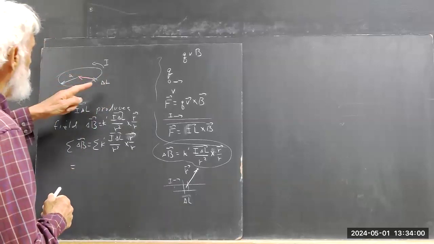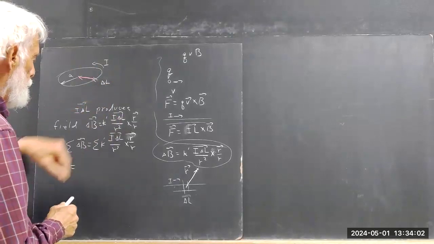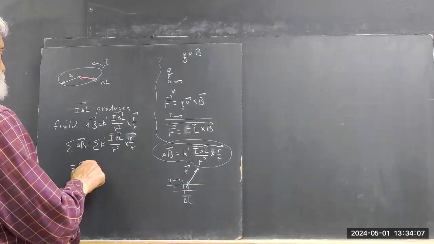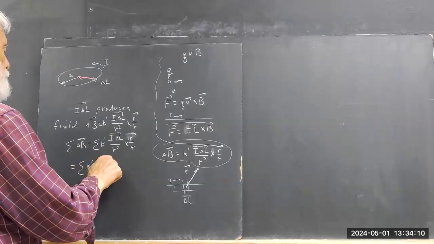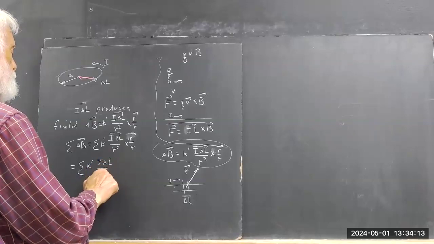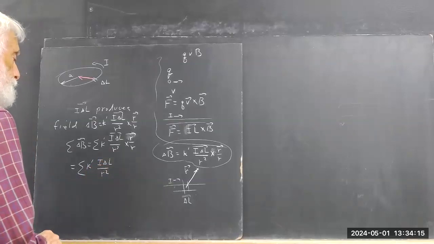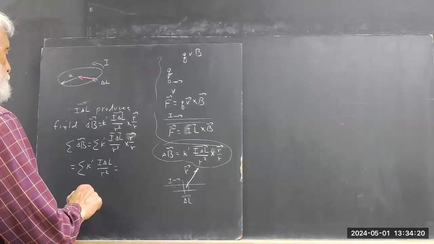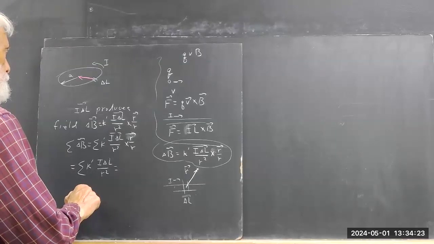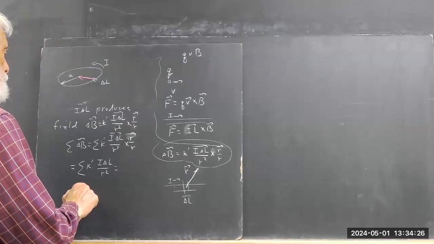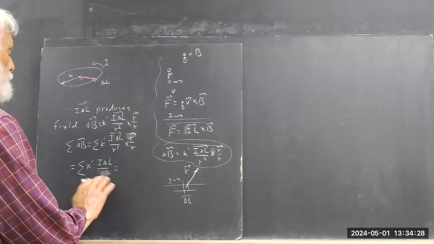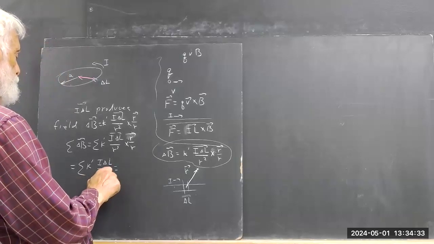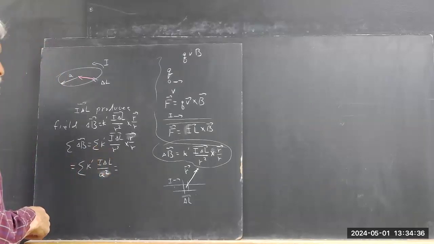Wherever you are, your I delta L is perpendicular to R. So what you end up with is a sum of K prime I delta L over R squared, and of course, the magnitude of your R vector is just your radius, which is A. At this point, I'll replace R squared by A squared.